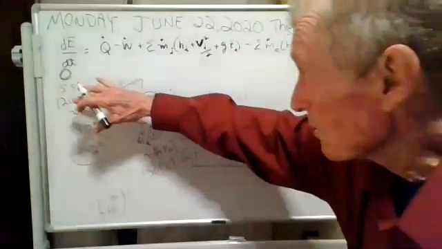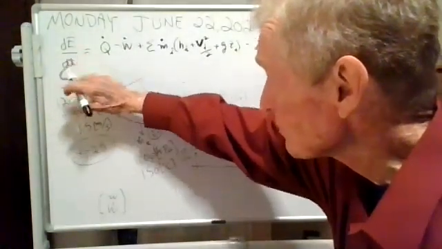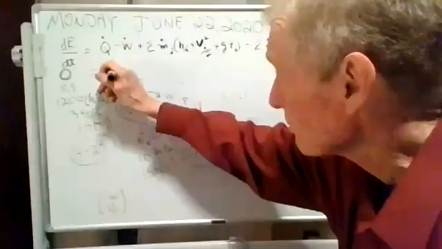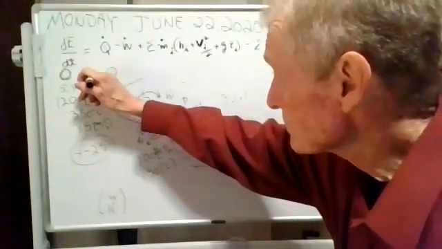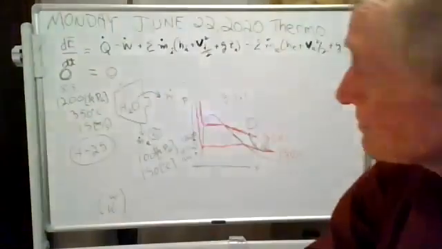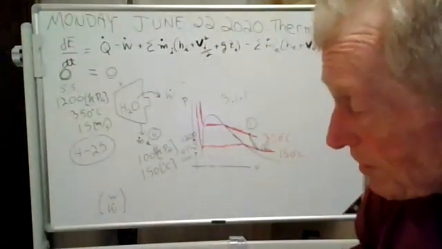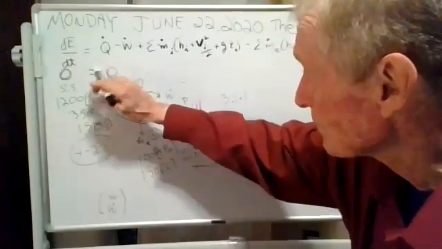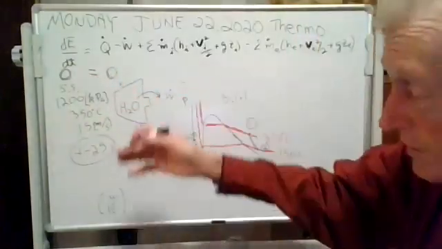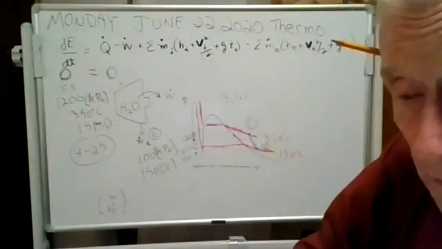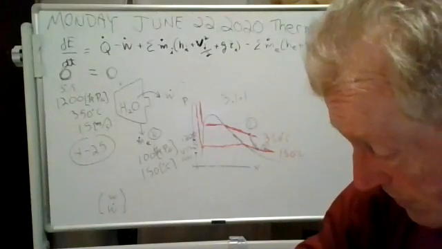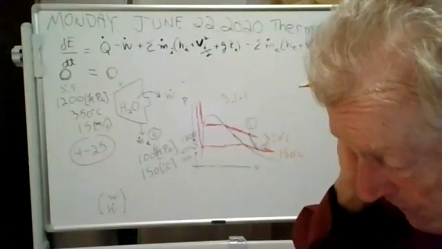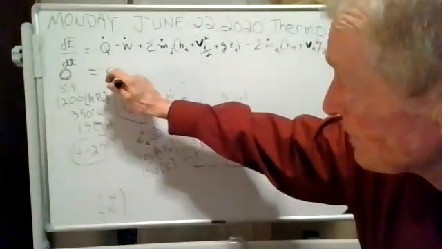Okay, well, that's zero, and I hope you understand it, because nothing's changing with time. Now, on this turbine, in this problem, this is zero. It's not always going to be zero, because these turbines do get hot, and they do have a small heat transfer rate out. But in this problem, we'll just assume that there's no heat transfer in or out. If that's the case, they have a fancy name for that.